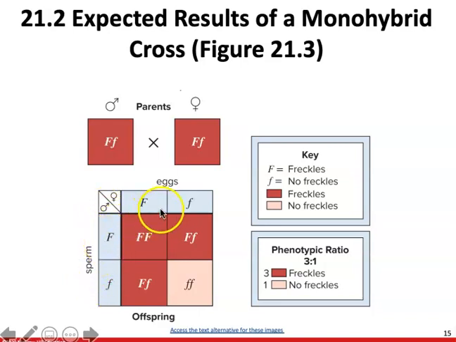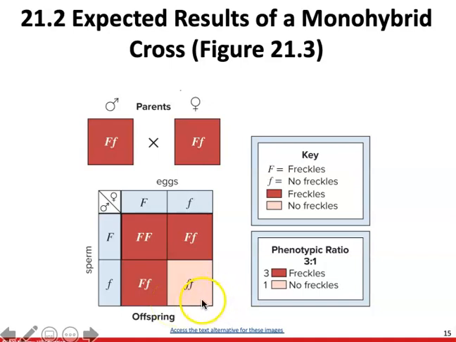We could have big F from mother and big F from father. We could have big F from father and little f from mother. We could have big F from mother, little f from father. Or we could have little f from mother and little f from father.